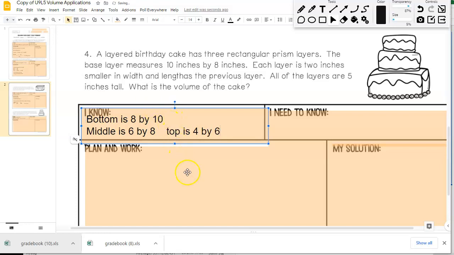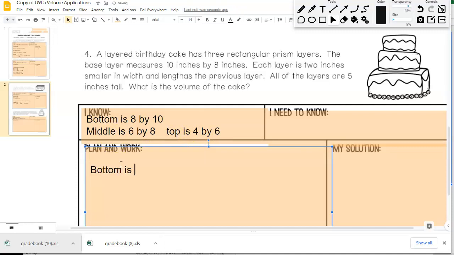Now, I suppose that could have actually been my work, because I did some thoughts there. So maybe that should have actually gone here. So my bottom is 8 by 10 by 5. Right? So we've got my length, my width, and my height.